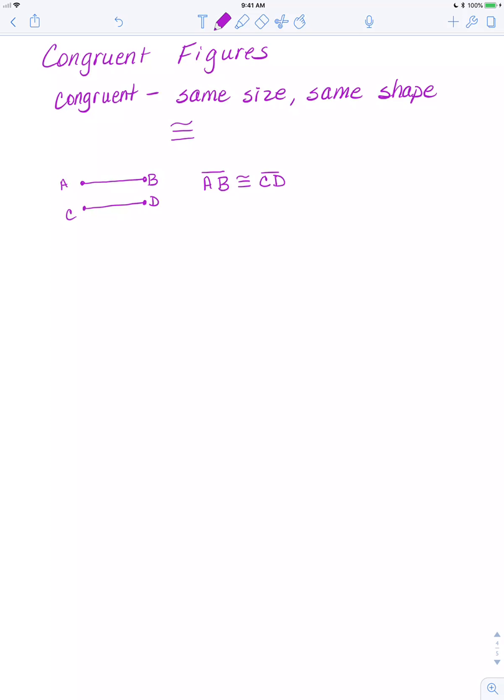And so same thing with shapes. If I have a rectangle, and don't try measurements on here because I'm not measuring them. I'm just going to tell you that they're congruent. AB, CD, and it's congruent to another rectangle.